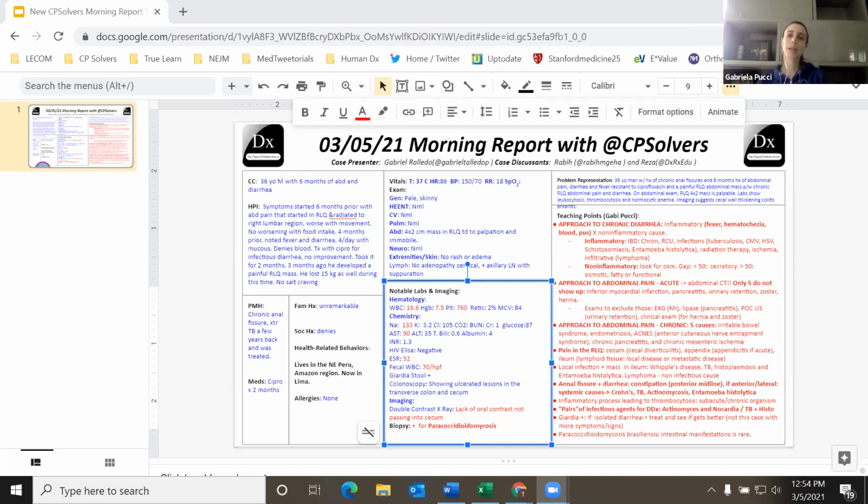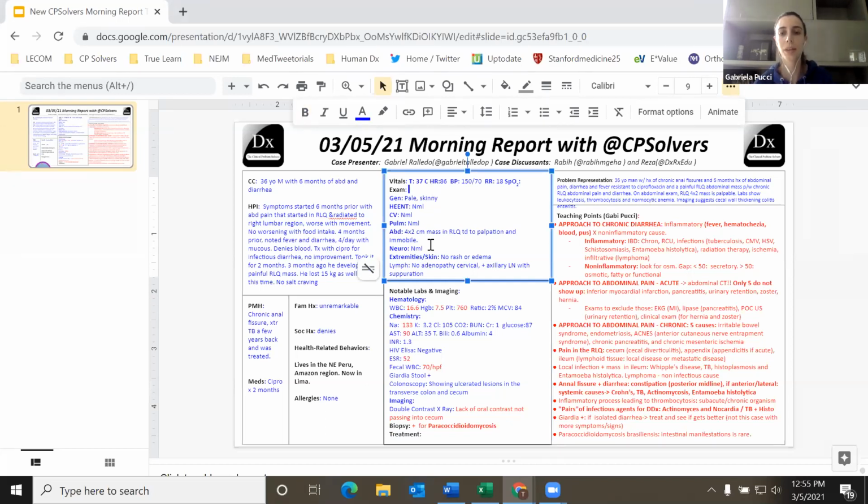Also, this patient had chronic abdominal pain, and for its approach we have to think about 5 main causes: irritable bowel syndrome, endometriosis, ACNES, which is anterior cutaneous nerve entrapment syndrome, chronic pancreatitis, and chronic mesenteric ischemia. Another point is the anal fissure that this patient has.